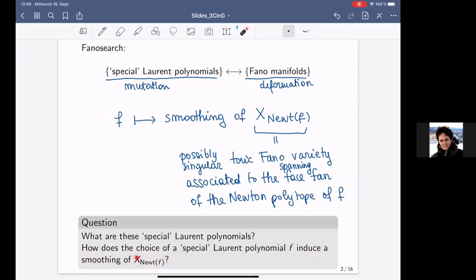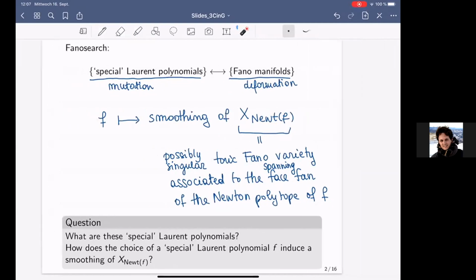And a priori, this is interesting. You could have two different Laurent polynomials with the same Newton polytope, so the same possibly singular toric Fano variety, but then the choice of two different Laurent polynomials selects two different smoothings. Okay, and basically this is the aim of this talk.